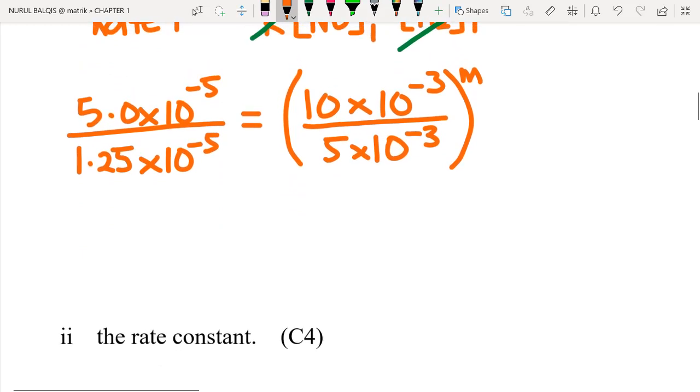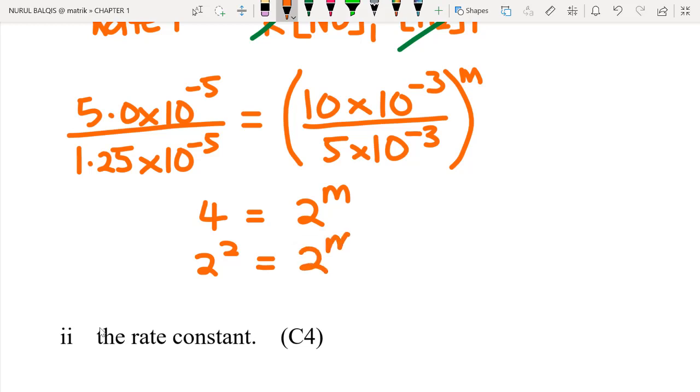Once we calculate this value, we're going to get 4 is equal to 2 to the power of m. We can factorize this to become 2 to the power of 2 and also 2 to the power of m. Then we have m is equal to 2.